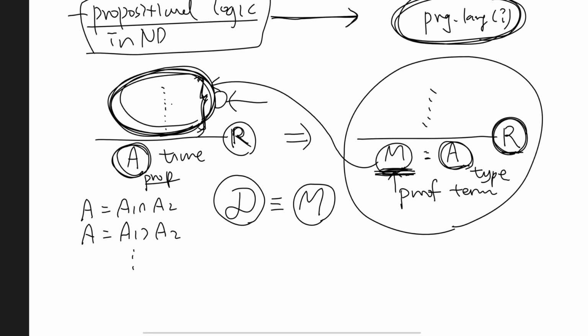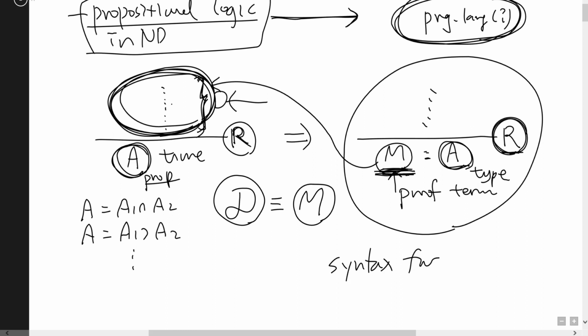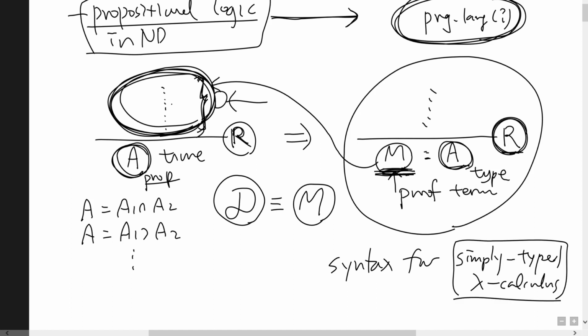But we will use the syntax for simply typed lambda calculus, because that's the origin of simply typed lambda calculus. So remember that we may use any syntax for proof terms, but we will use the syntax for simply typed lambda calculus.